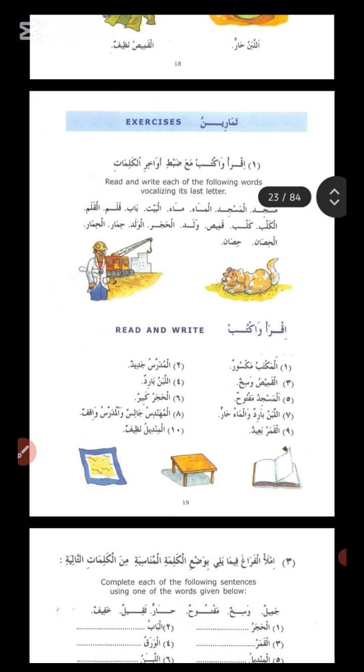Now we have this exercise, and we are required to vocalize and put the correct ending on each of these words. Like masjidun. So is it masjidu or masjidun? It is masjidun with tanween. And al-masjidu, not al-masjidun, because it has al.